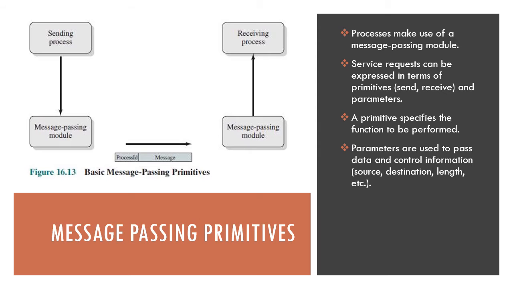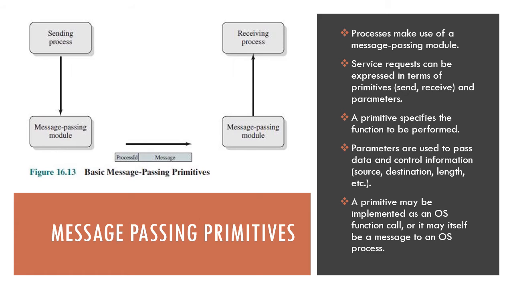Parameters are used to pass data and control information, for example, source of the message, destination of the message, length of the message, or type of the message. A primitive may be implemented as an operating system function call, or it may itself be a message to an operating system process.